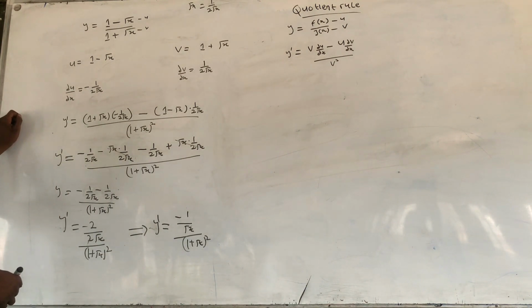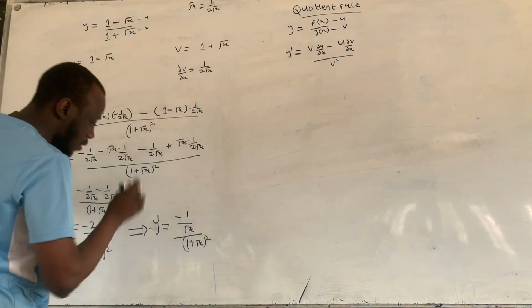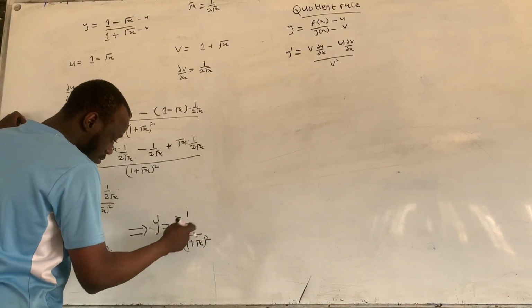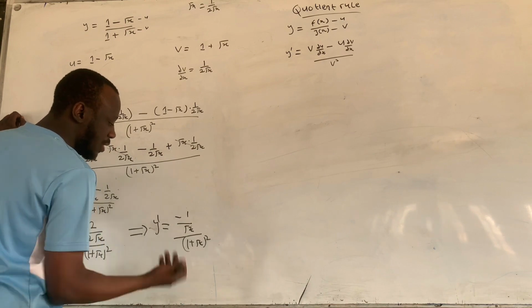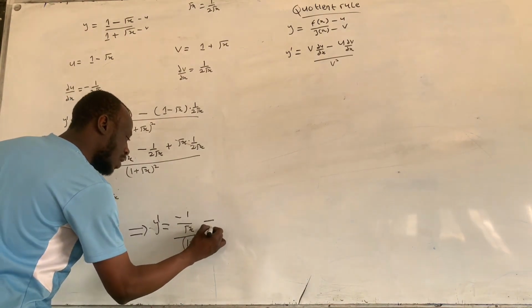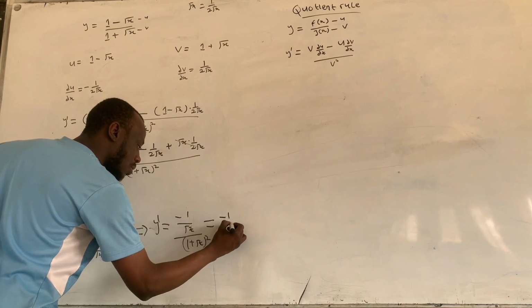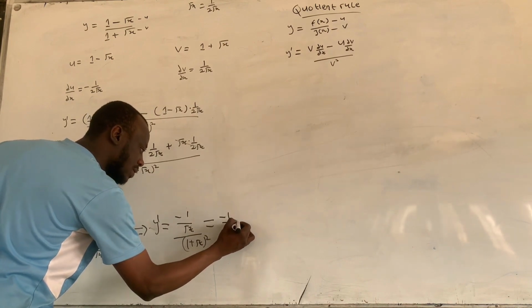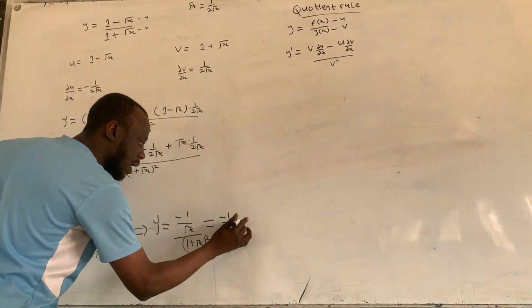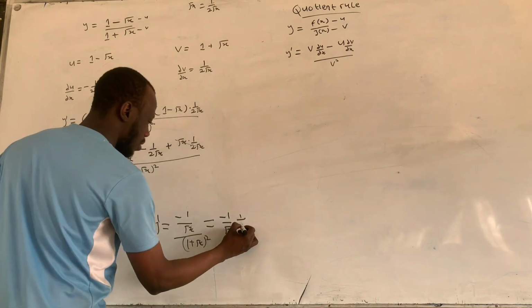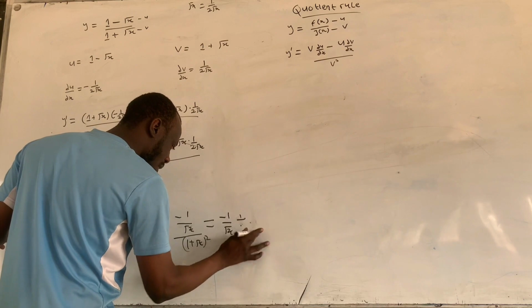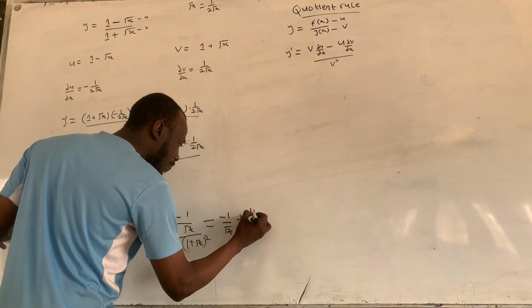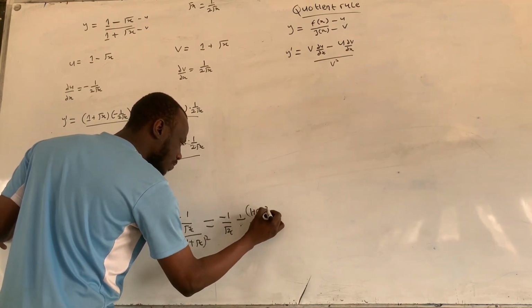You see? So we can still manipulate this question. We have minus 1 over root x, divided by 1 plus root x squared.